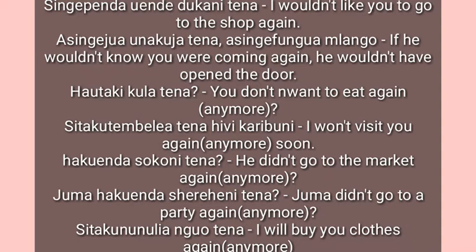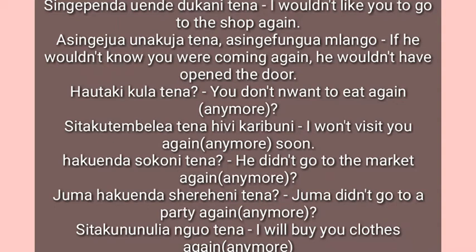Hakuenda sokoni tena. He didn't go to the market again, or he didn't go to the market anymore. Juma hakuenda shereheni tena. Juma didn't go to the party again, or Juma didn't go to the party anymore.